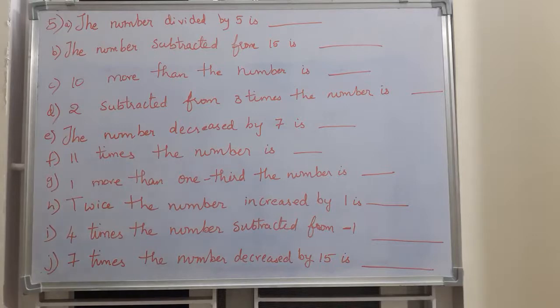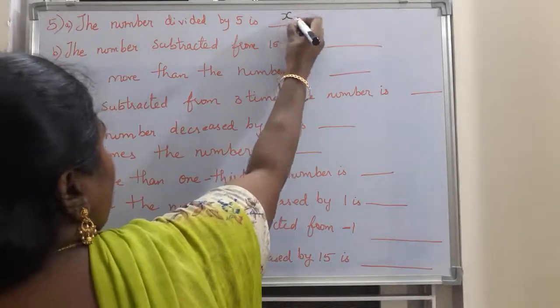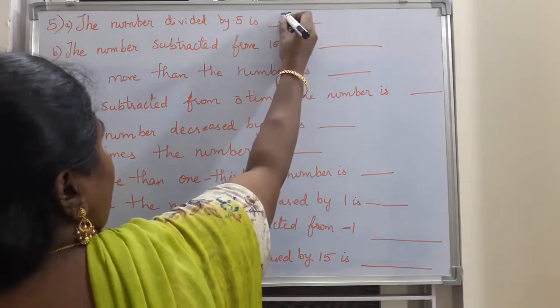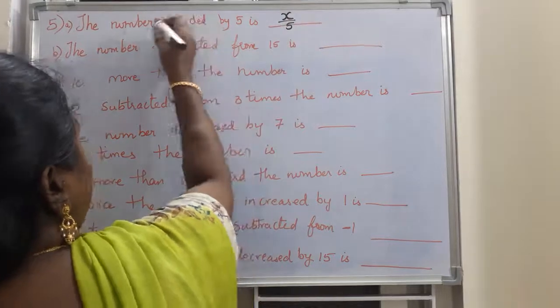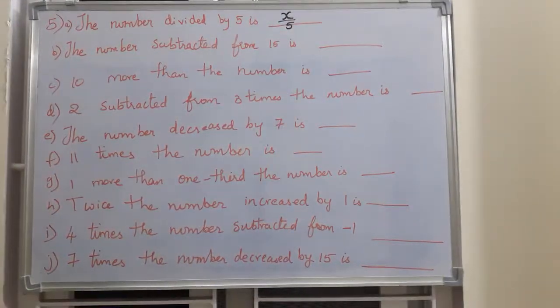The number divided by 5 means nothing but x by 5. That is your answer. Now in the options you can circle x by 5. That option is over. You can go for the next 9 options.